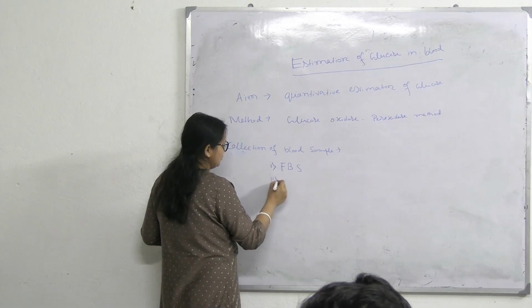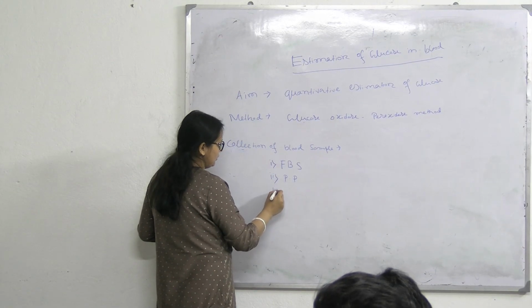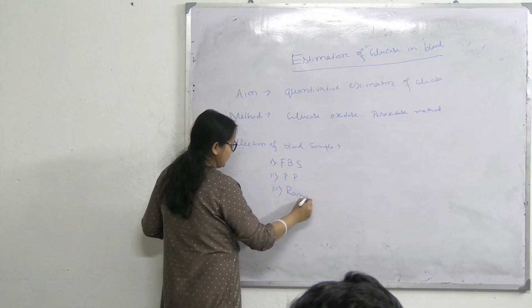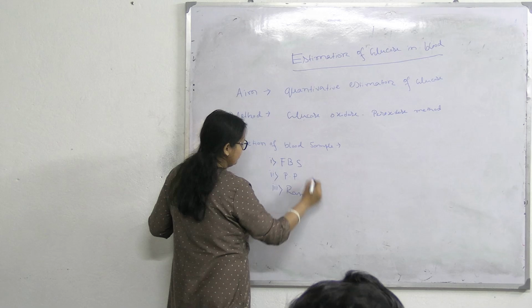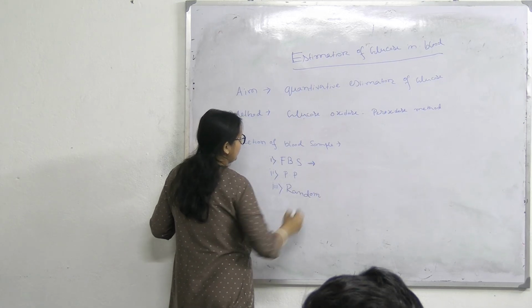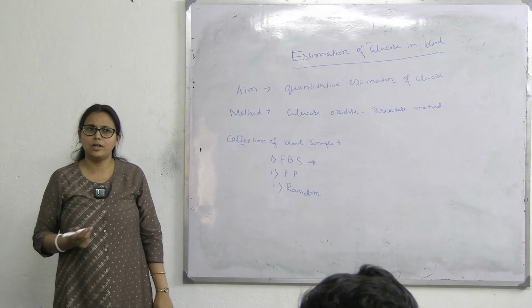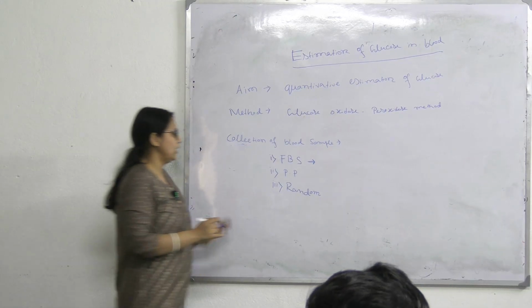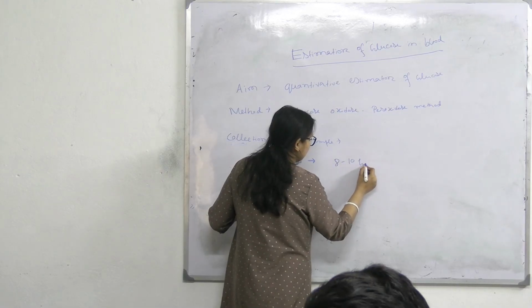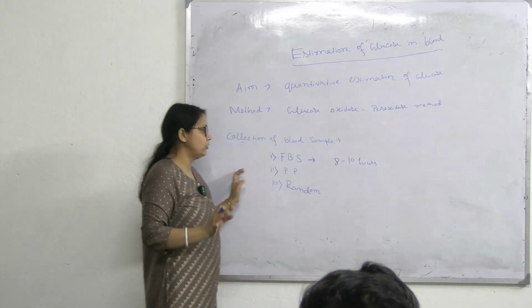Number two, PP means postprandial, and number three is random. Fasting blood sample will come when a patient has not taken any food for 8 to 10 hours.